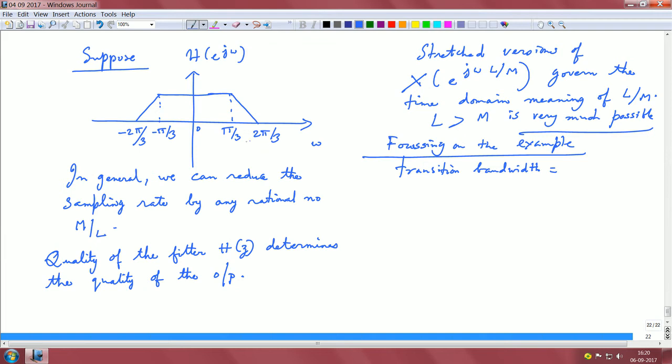The pass band cutoff is at pi by 3, the stop band frequency is at 2 pi by 3, and the transition bandwidth is basically pi by 3.